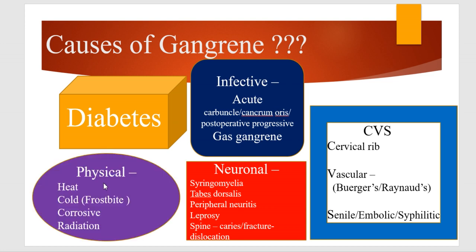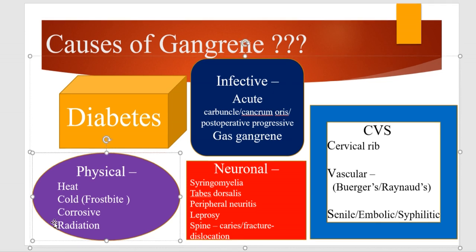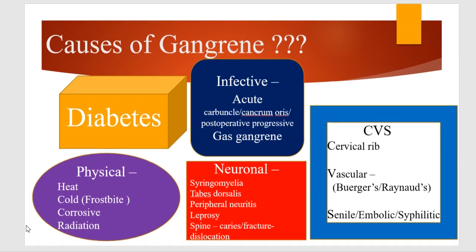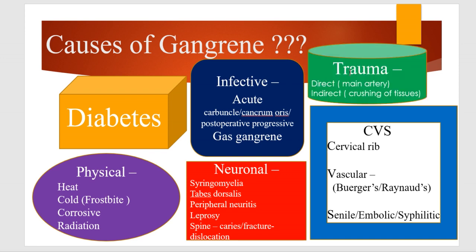P stands for physical causes like excessive heat, meaning burn patients, then cold, frostbite, corrosive injury, and radiation injury. All these can lead to gangrene. And finally, the trauma.